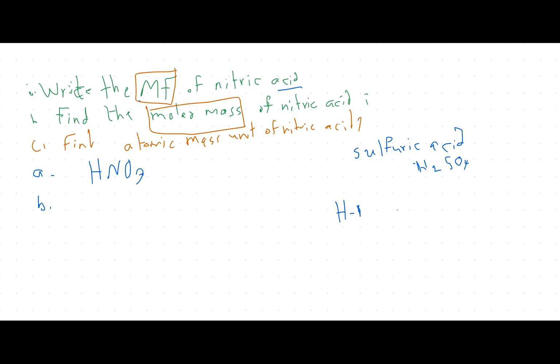Or he has to allow me to use my periodic table, and I will find it. Hydrogen is 1, nitrogen is 7 and 14, and oxygen is 8 and 16. The lower number I use for electron configuration only. And when it's molar mass, atomic mass unit, it means the upper one, okay?